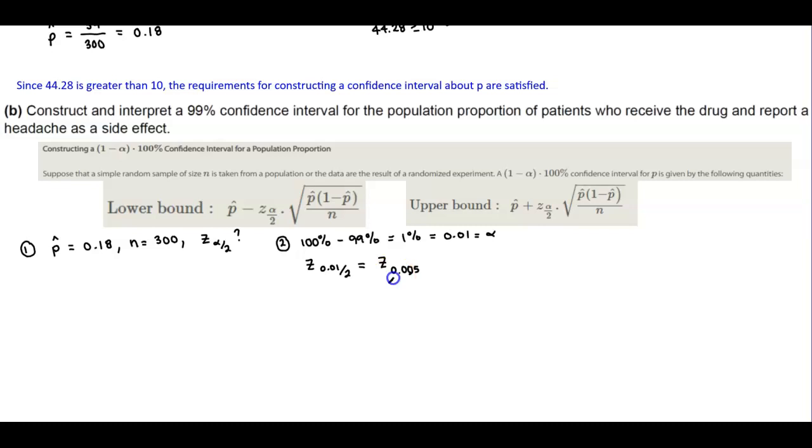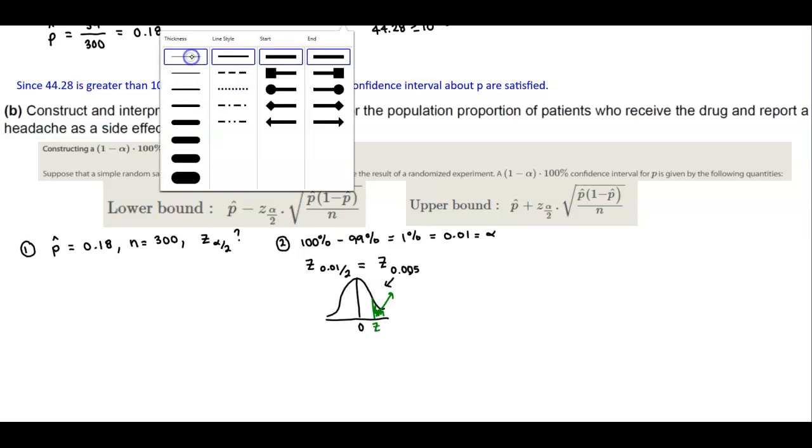So if you recall here, whenever we have z, this tells us that the area to the right is 0.005. We want to find that z-score.